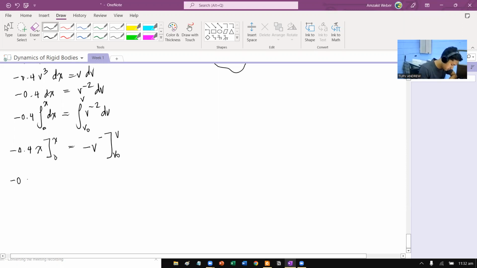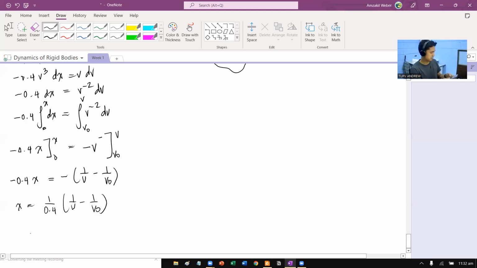Let's plug in: 0.4 x is equal to negative 1 over v minus 1 over v naught. So finally, our x position is 1 over 0.4 times (1 over v minus 1 over v naught), or x is equal to 2.5, or 5 over 2, times (1 over v minus 1 over v naught).